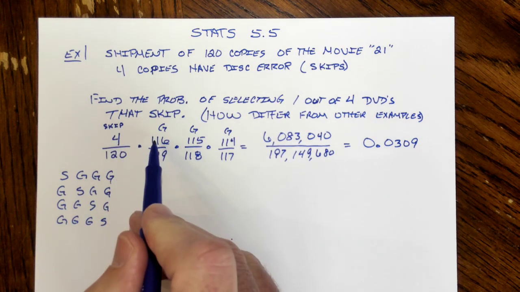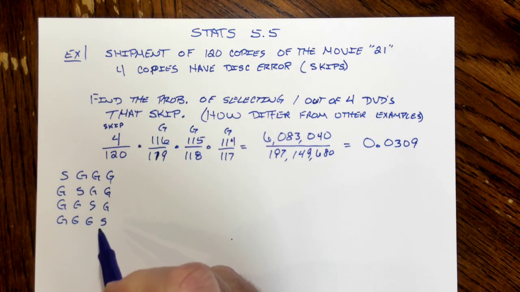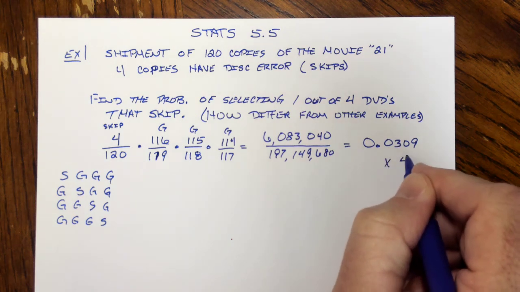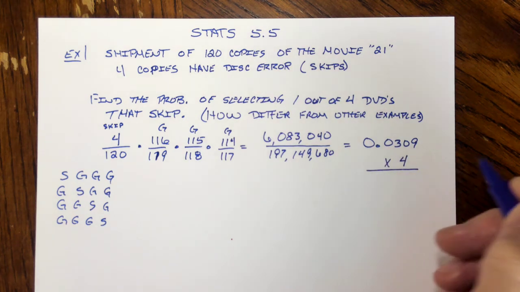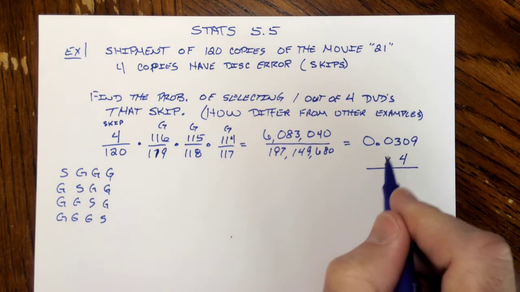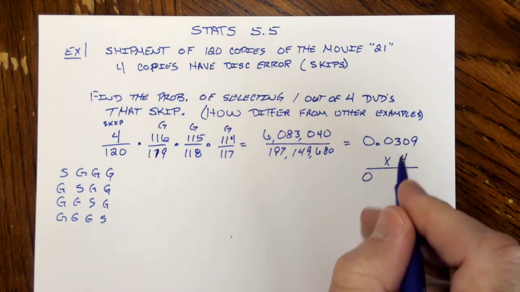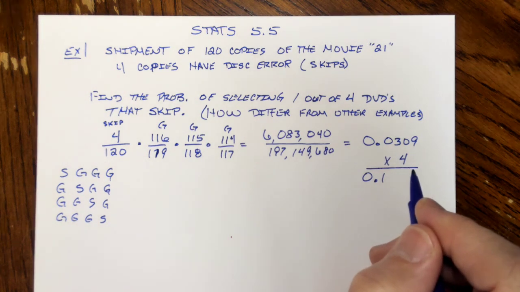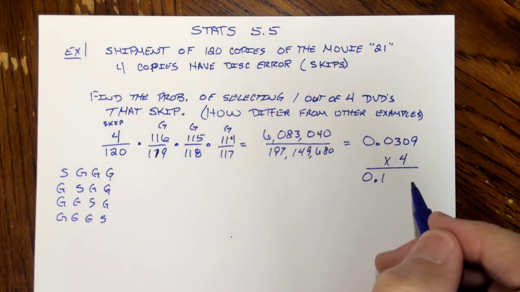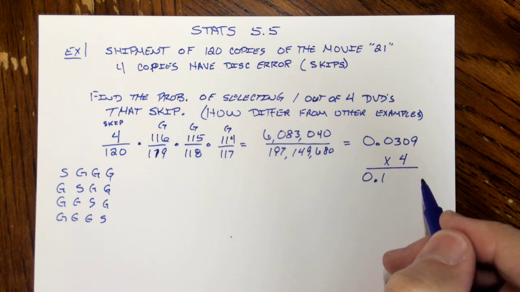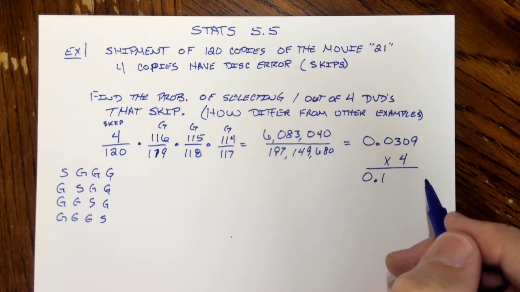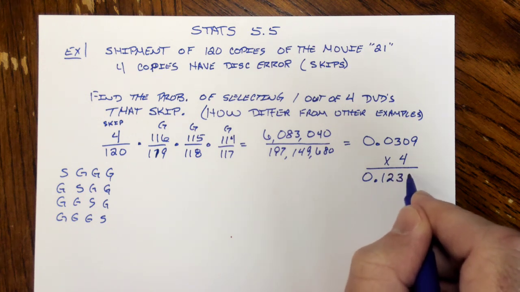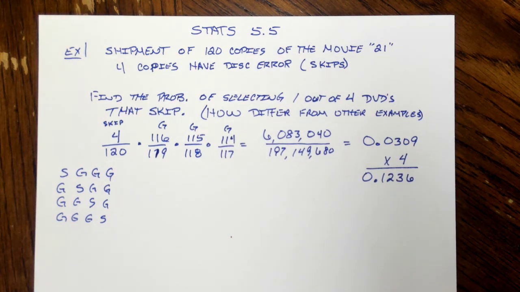It could happen here, it could happen here, and happen here. There are 4 possibilities. So times 4, giving you about a 12%, approximately 12% probability of that happening, somewhere in there.